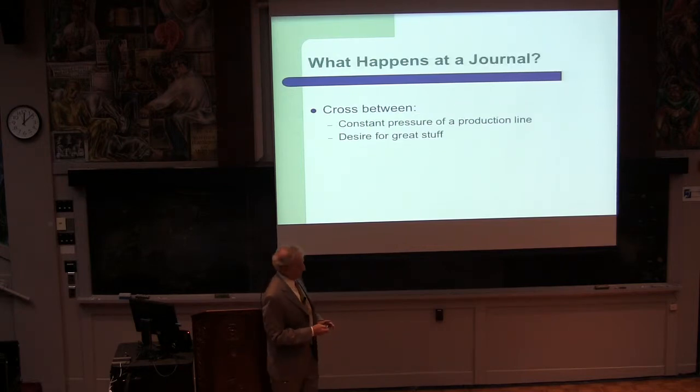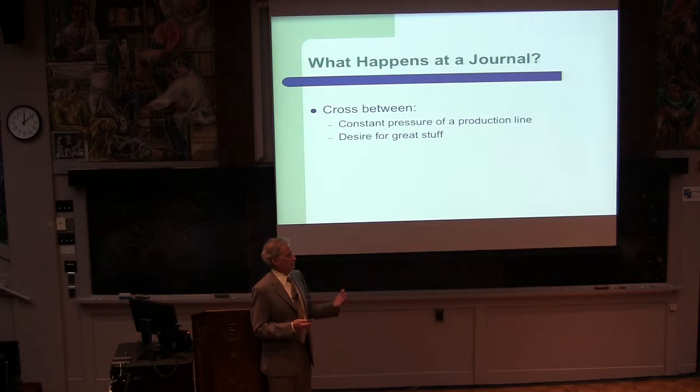Here we go. This is a talk about getting your stuff published. The first thing you need to understand is what actually goes on in a medical journal. It's a bit of a mystery. You hit the send button.